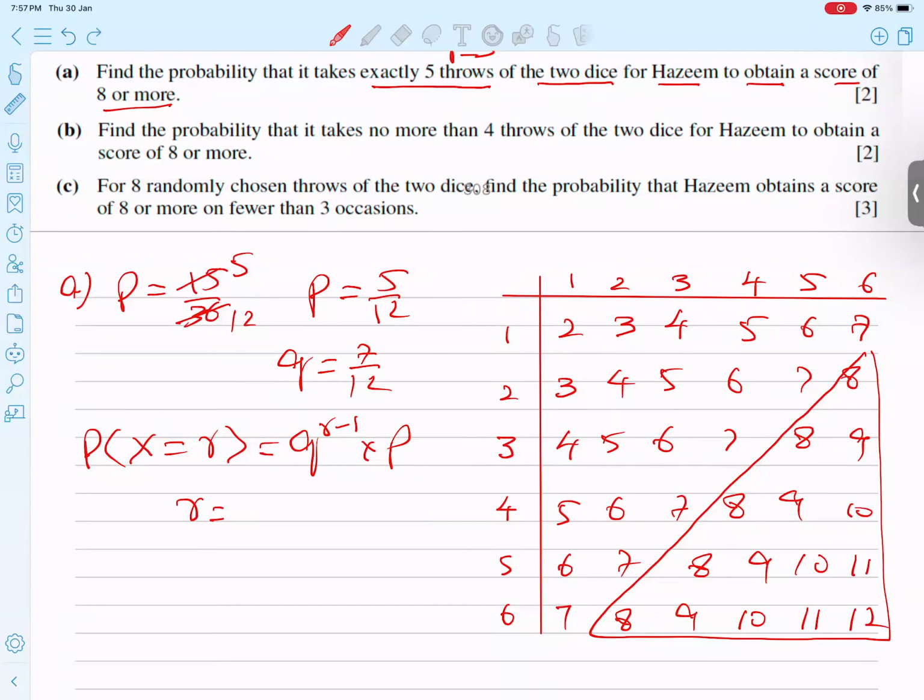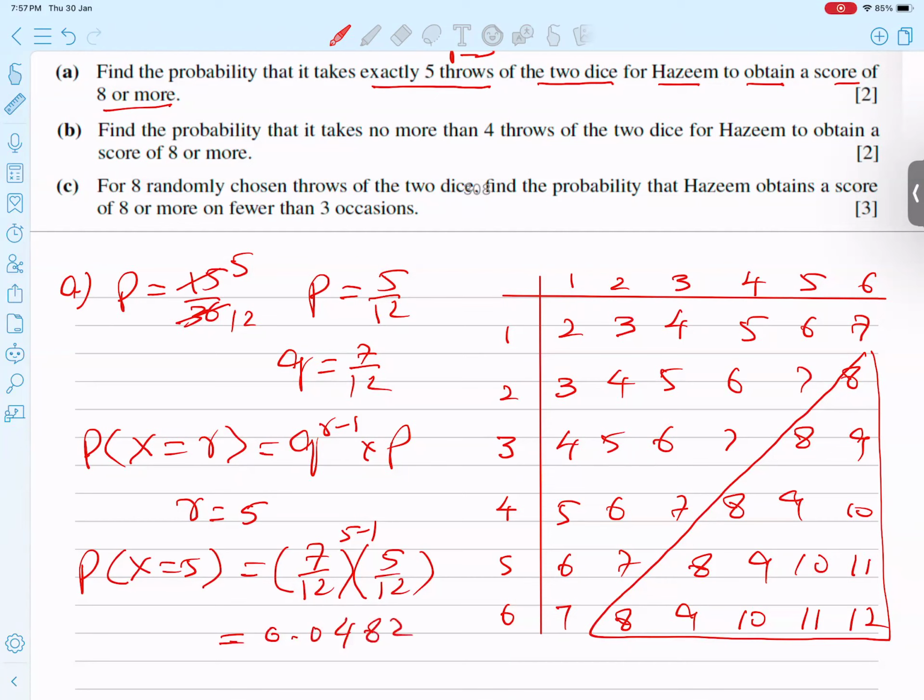So X equals 5, with q as 7 by 12 and p as 5 by 12, and the power is 5 minus 1. Finally, I get my answer 0.0482. So I believe the point is very clear.